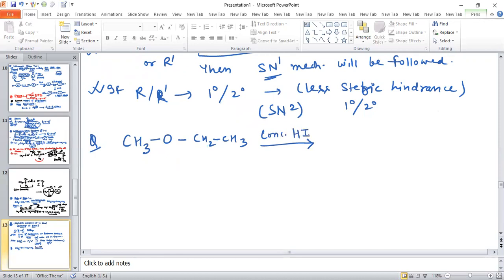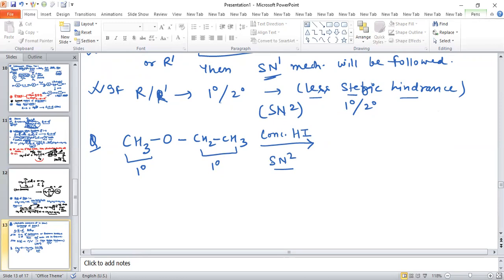This CH3 is 1 degree and this CH2CH3 is also 1 degree. When we add HI, the mechanism will definitely be SN2, because whenever there is less steric hindrance, 1 degree or 2 degree, the mechanism will be SN2.